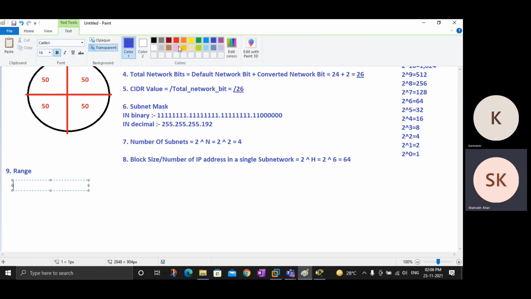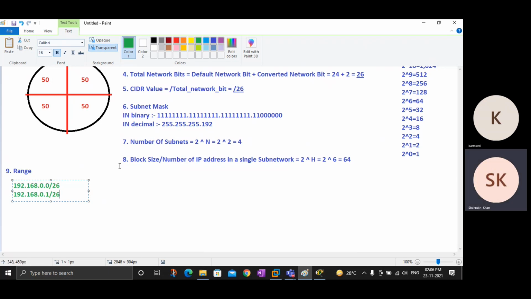So 4 subnets are there. I'm writing them in different colors. First subnet will start from 192.168.0.0/26. The next IP of this network will be 192.168.0.1.